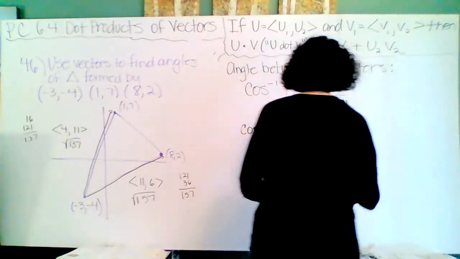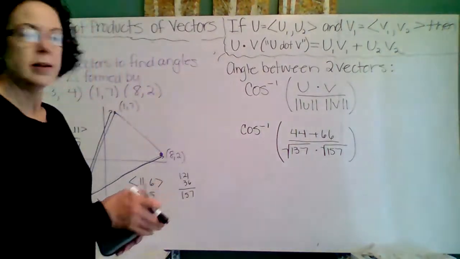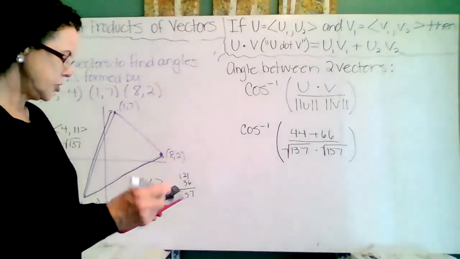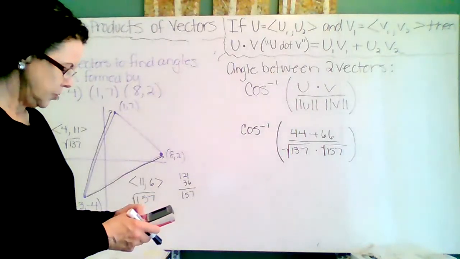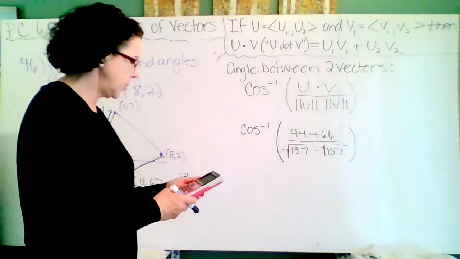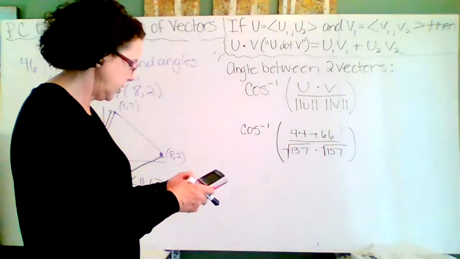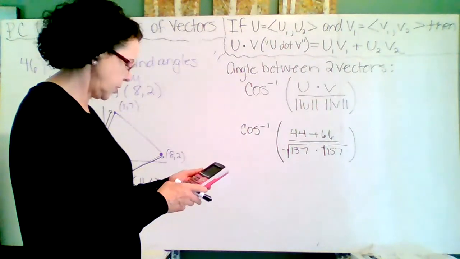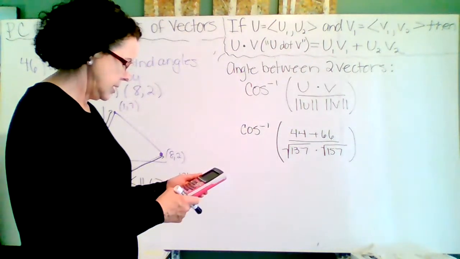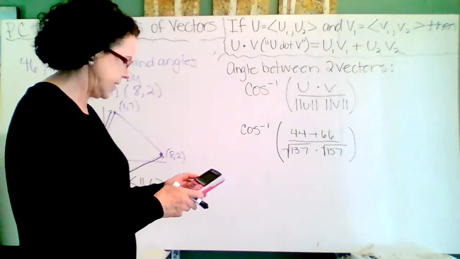Okay, let's pop this into our calculator, inverse cosine. It can do the addition in the numerator. I'm going to use my alpha y equals 44 plus 66 in the numerator, and then in the denominator, the square root of 137 times the square root of 157.